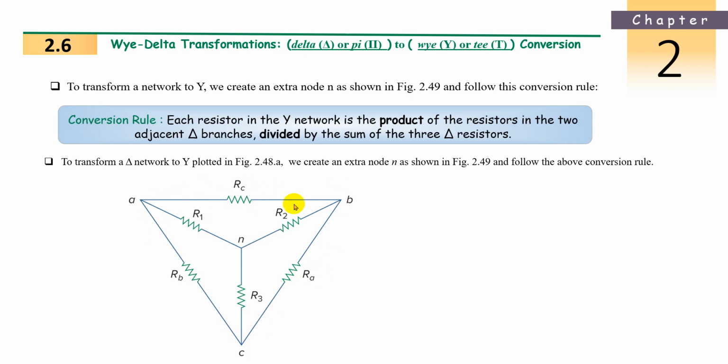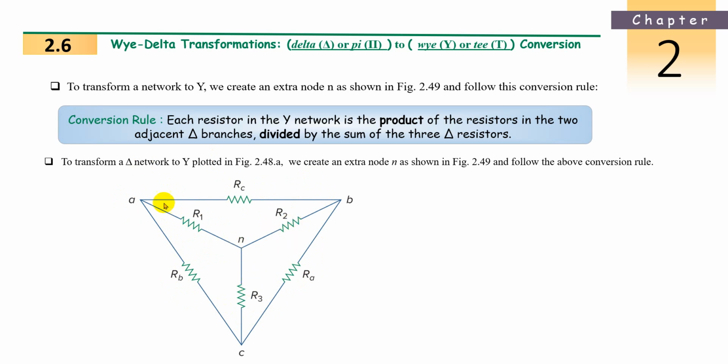Now we want to convert these RA, RB, RC to R1, R2, R3. We have an extra node here so that the calculations are easy to understand, from where to where it is connected. We convert the RA, RB, RC delta network in the question to the R1, R2, R3 star, also called the Y network.